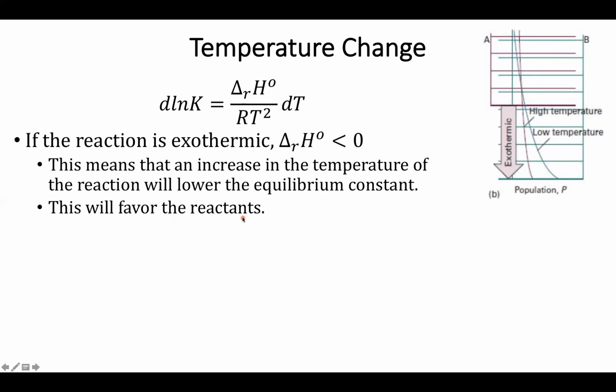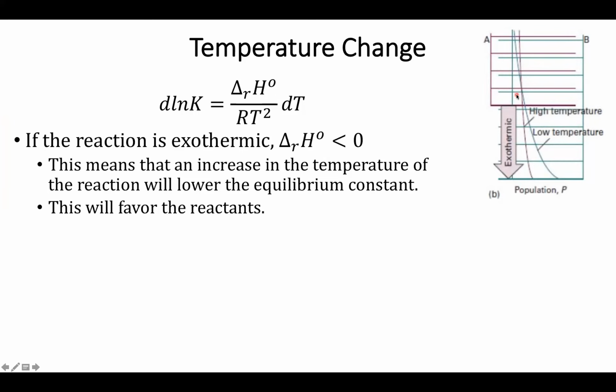And we can also examine this same idea from a more statistical mechanics perspective. So if I have an exothermic reaction, it means my reactants are higher in energy, which means at low temperatures, I don't want to be at the higher energy state.